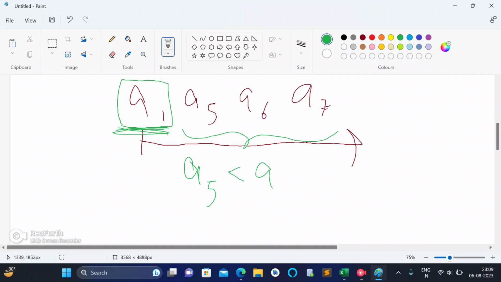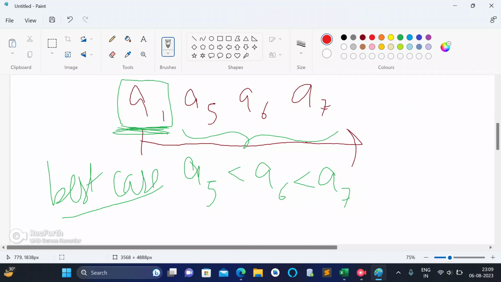So let's pick a good scenario over this sequence. Let's say in the best case, A5 is less than A6 and A6 is less than A7. So you will say, okay, this is the best case. If A6 is less than A7, I will remove A7. A5 is less than A6, so let's say I decided to remove A6.